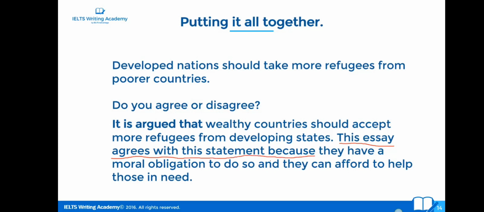Here is your thesis statement, your opinion, and here are your two main ideas, your outline of your main ideas. So it is very, very simple. You just combine those three elements and you have paraphrased the question, you've demonstrated to the examiner that you can do that. Your opinion is very, very clear and you've outlined your main ideas. Very simple, but again, very, very effective.